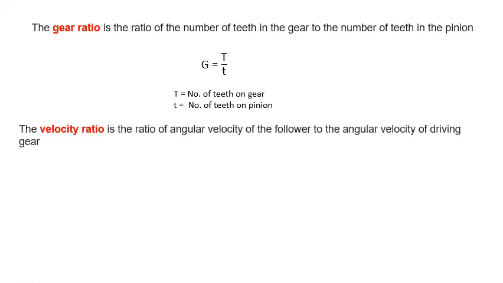Then velocity ratio. Velocity ratio is nothing but the ratio of the angular velocity of the follower or driven gear to the angular velocity of the driving gear.